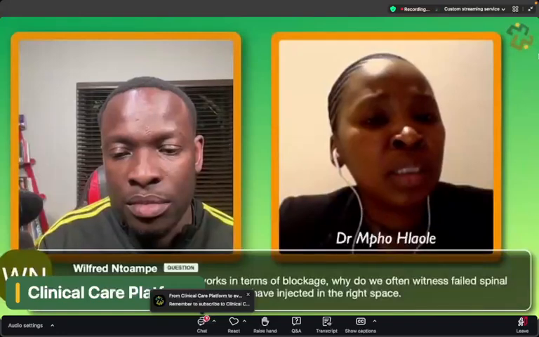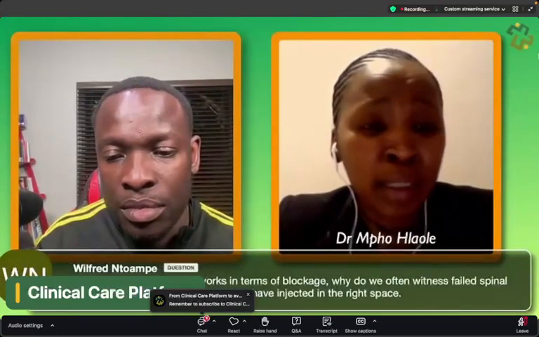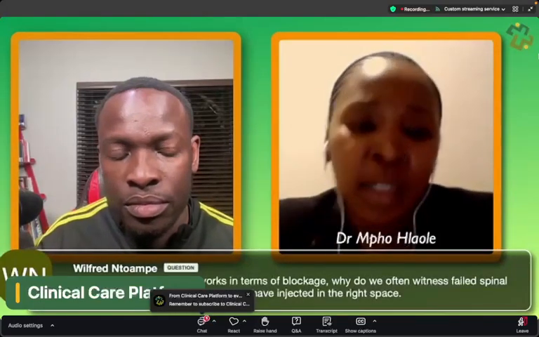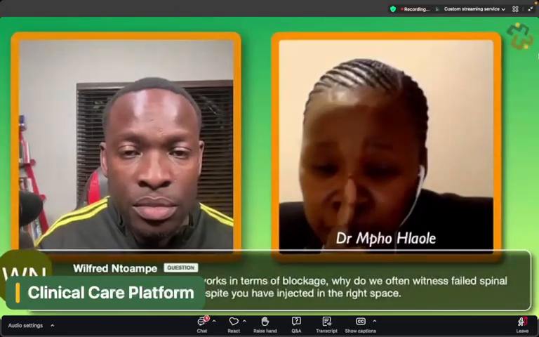The other thing might be that your spinal is not in properly. Let me go back to the slides so that I can show. You can put it in the subarachnoid space, but it's only halfway in. The spinal needle has an opening, and if your needle is halfway in, you think you are injecting into the subarachnoid space completely, but some of the drug is not getting there.